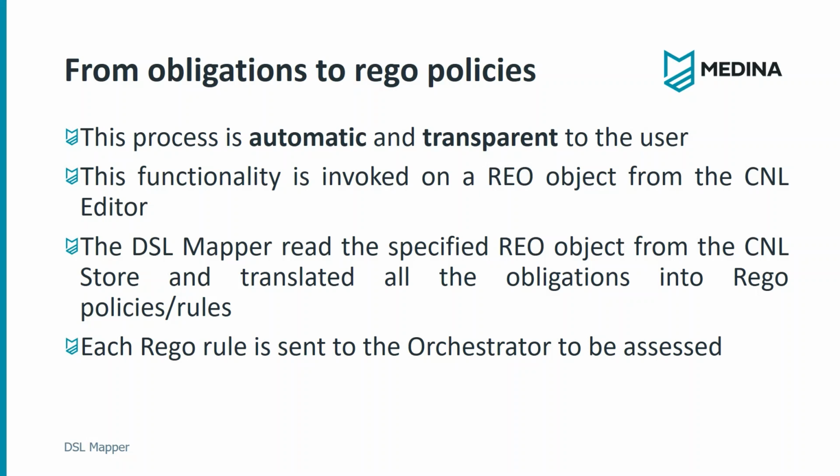Then, the DSL Mapper reads the specified RIO from the database of the CNL Editor, and retrieves all the associated obligations. Each obligation is translated into a Rigo policy, which is finally sent to the orchestrator. The orchestrator will assess obligations according to the operator and target values specified in them. The whole process is automatic and transparent to the user.